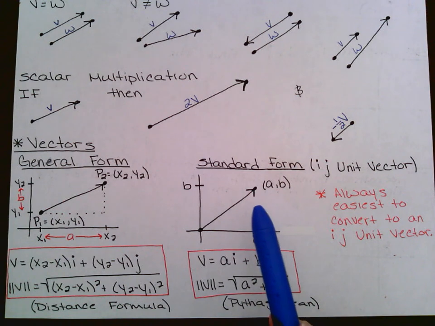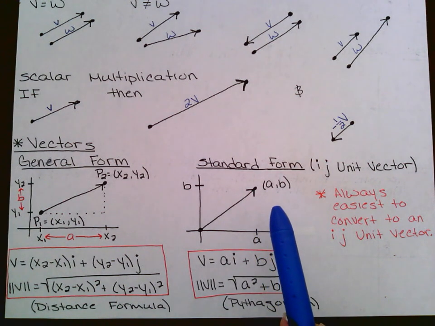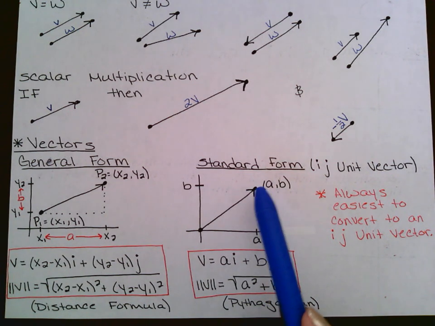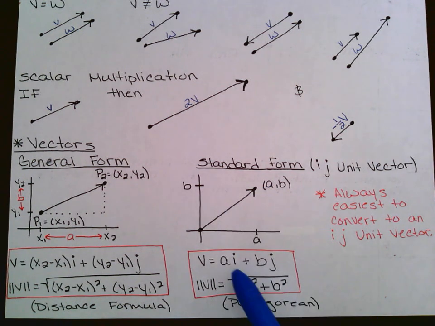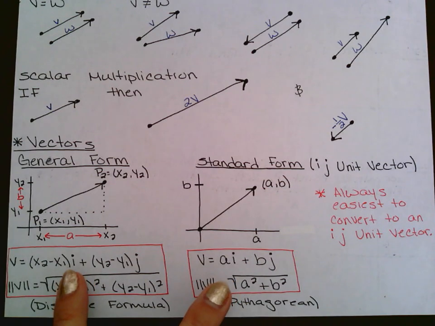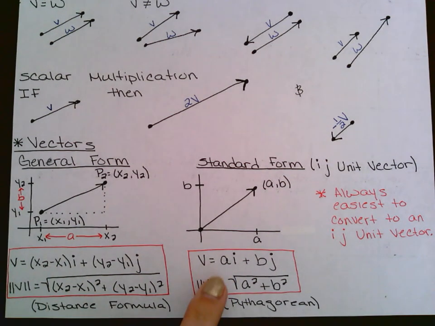One of my favorite things about math is that they always keep everything in alphabetical order. So just like X comes before Y, A comes before B, and I also comes before J. Everything stays in alphabetical order. All right? So that is how you would write the vector if it was in general form or if it was already nice, neat, and in standard form.